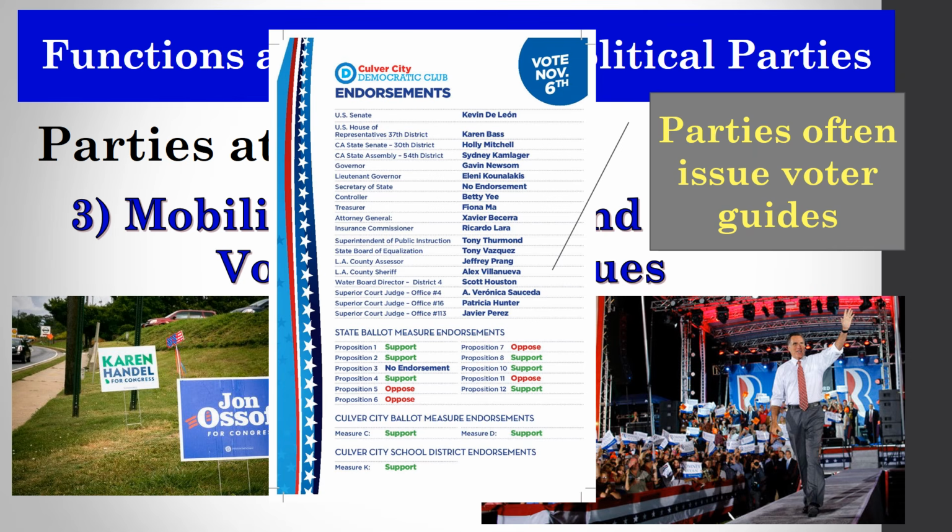But it certainly helps, and it certainly gives people a sense, especially people who vote for your party, of who the party endorses, and they may be more willing than not to support that person. Sometimes they can actually go the other way, but this is a really important tool that parties can use to help push their particular agenda or get their particular candidates and maintain some control over the process.